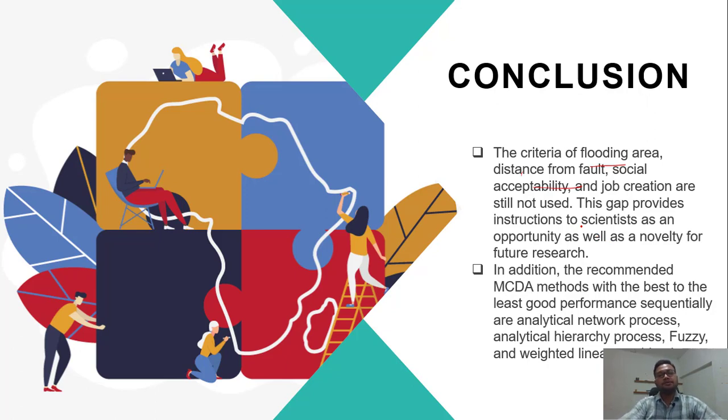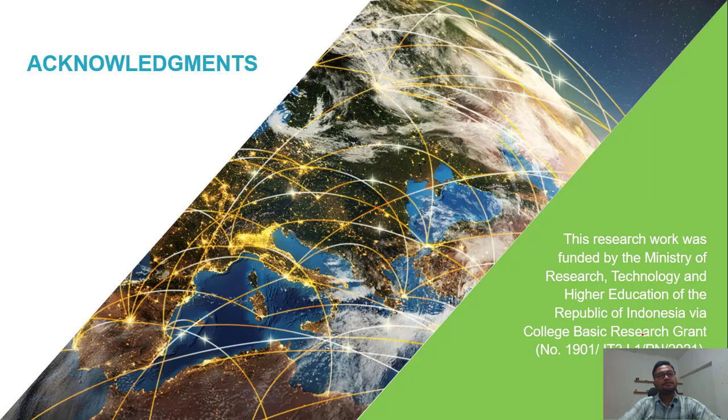So if you want to make a proposal about energy generation site selection, you have to include these factors in the analysis. And the last one is the MCDA methods from the best to the least good performance: analytical network process, analytical hierarchy process, fuzzy, and the last one is weighted linear combination.